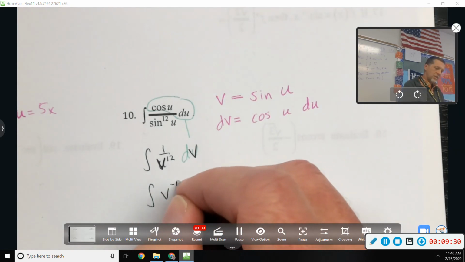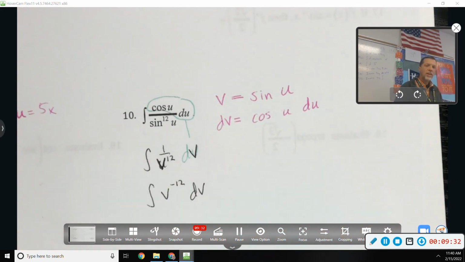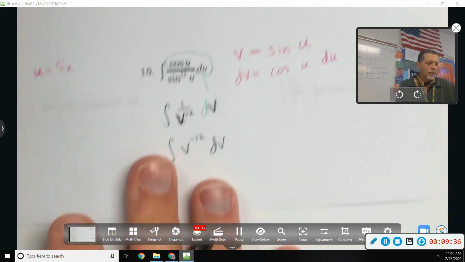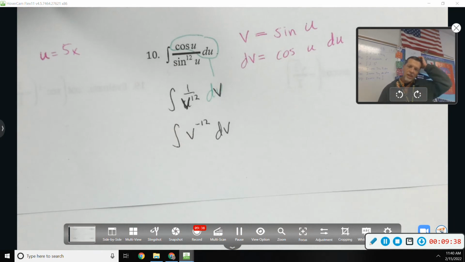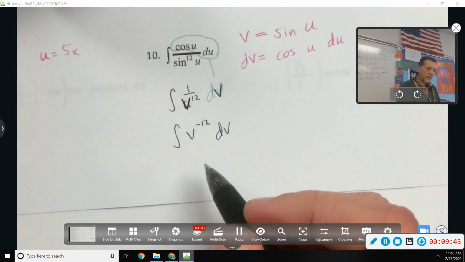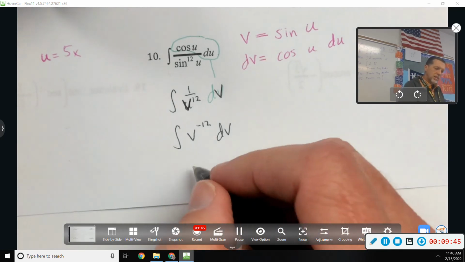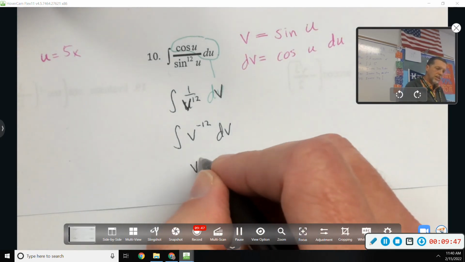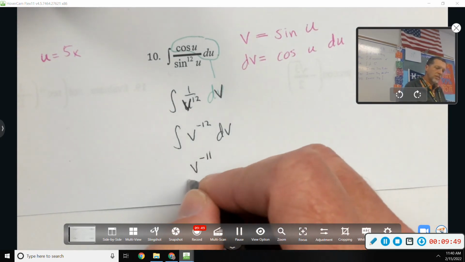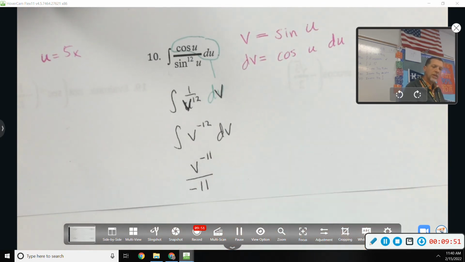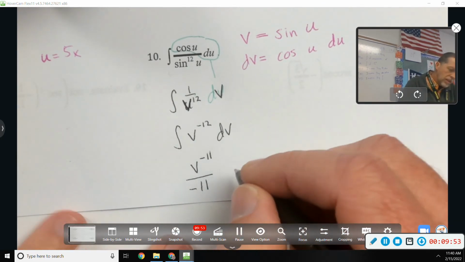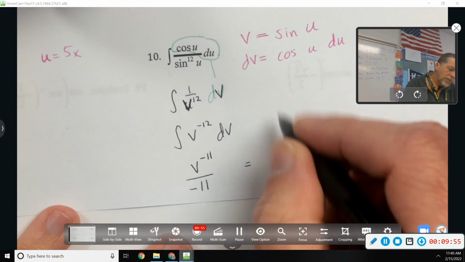Negative 12 on the top, v to the negative 12. I can do that step mentally, but a lot of people, when they add 1, mess that up. So, power rule. If I add 1, negative 11, divide by the new power. Plus c, but I'll put the plus c in after.